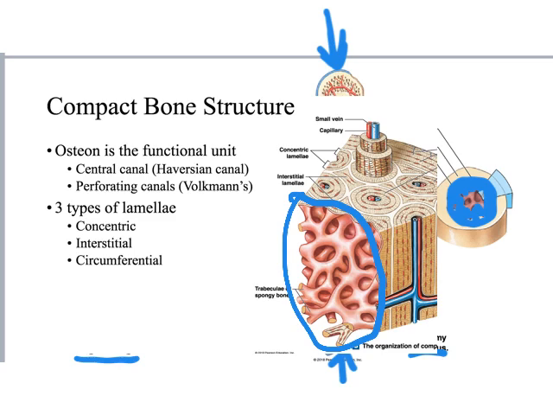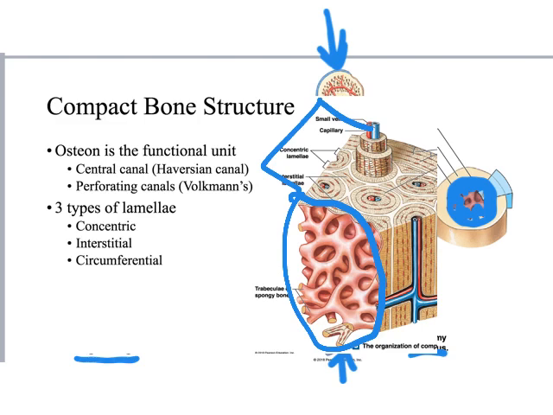But if we look here on the rest of this sample at the compact bone, we can see there's a very particular structure here. A lot of it has to do with allowing communication between cells, or allowing arteries and veins to move through the bone, because the bone is so compact.